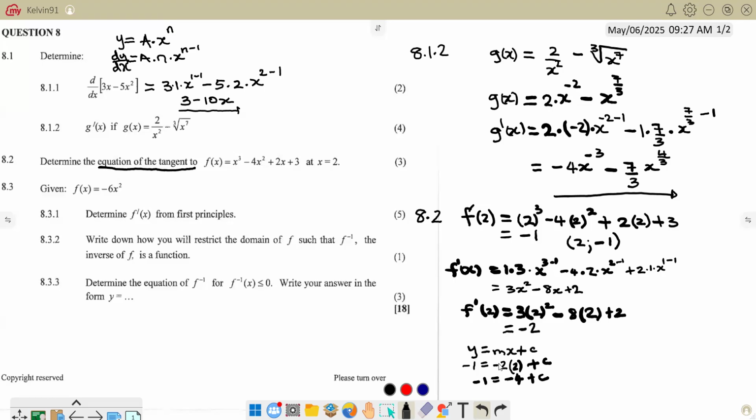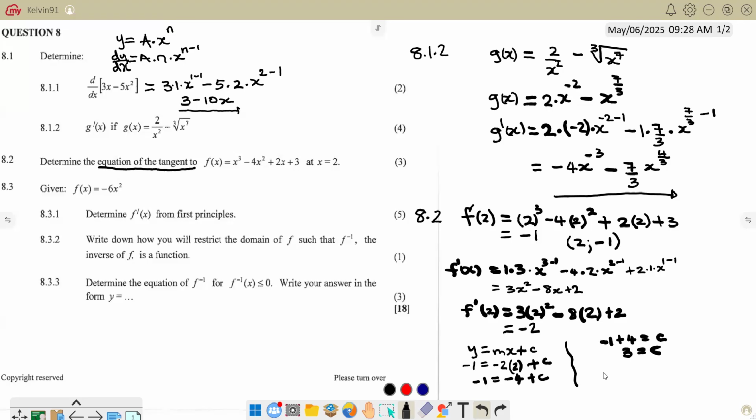When you transpose the negative 4 to the other side, a positive 4 minus 1 is equal to c. Therefore, c is equal to 3.